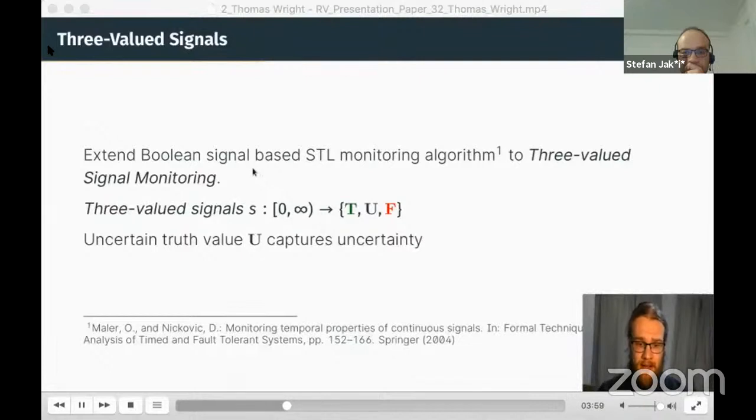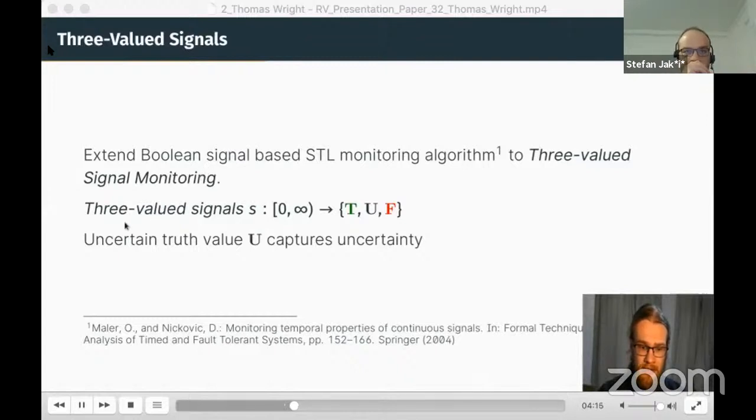So, our method. The original STL monitoring algorithm of Maler and Nickovic used Boolean signals for propositions which can then be combined for monitoring complex propositions.